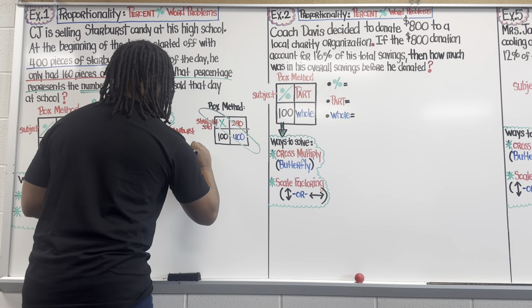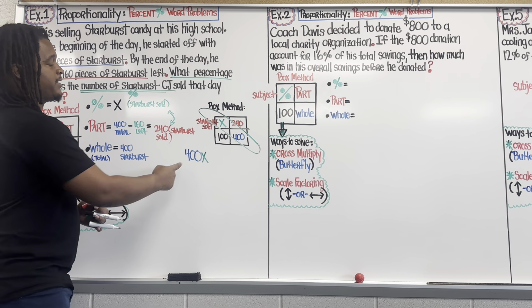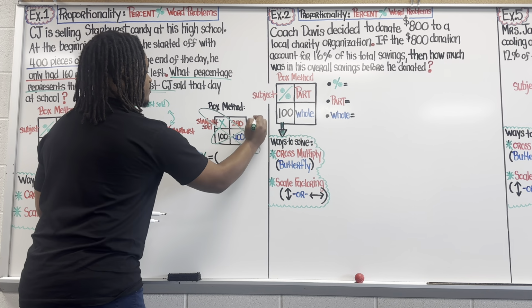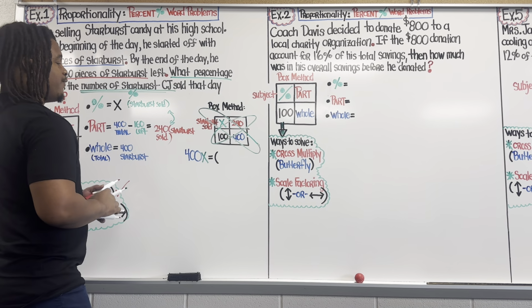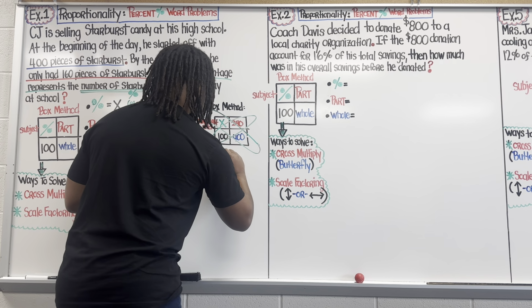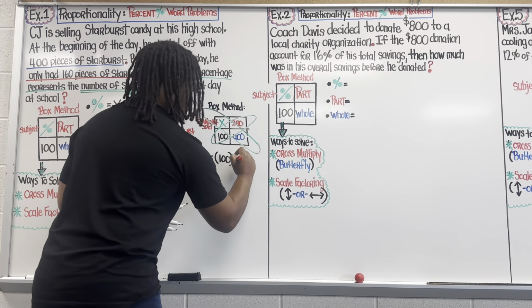We don't know the value of X, so all we need to do is attach X to 400, meaning that we're multiplying them together. But we don't know the value of X just yet. And on the other side, guys, it's going to be 100 times 240, right? So let me go ahead and put that. So 100 times 240.